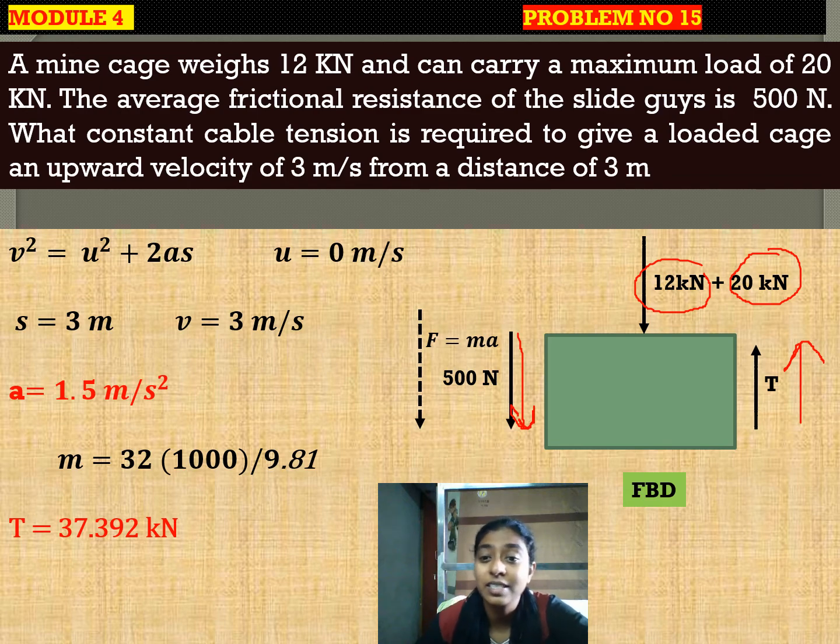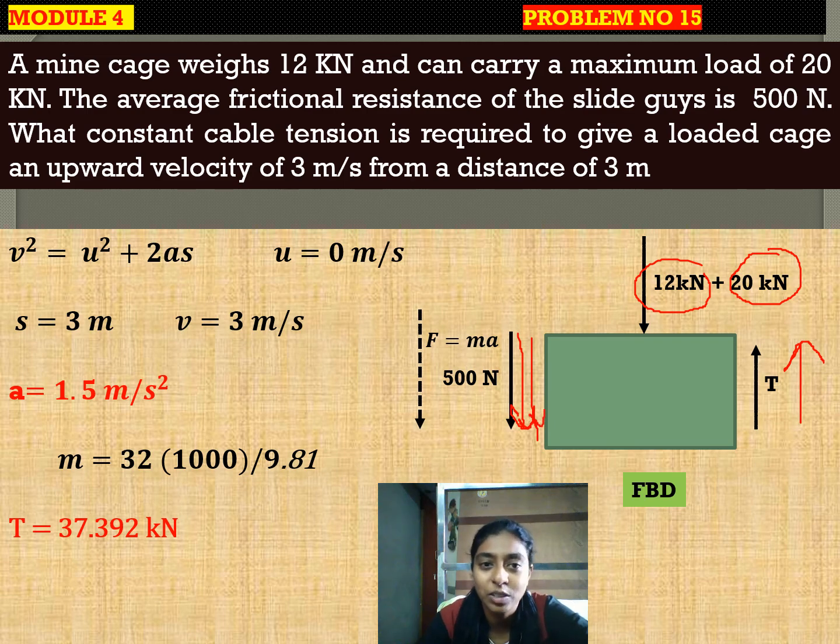The surface is not given, but in the problem the resistance of the slide guides, the frictional resistance of this cable, is 500 Newton. The frictional resistance is taken in the direction opposite to that of motion.